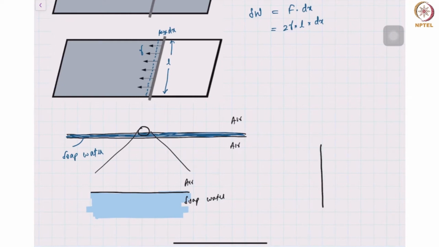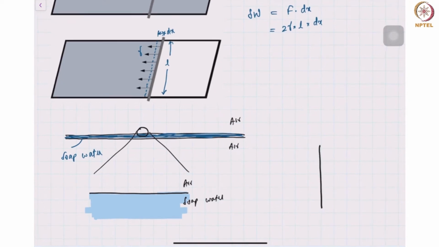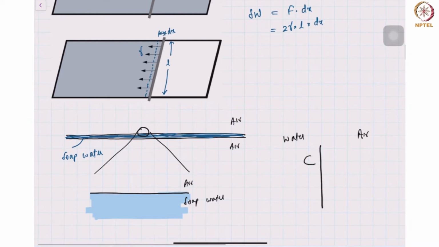One side is, let's say, water, and the other side is air. These molecules typically have a dual nature. It's a long chain molecule where one side has a head which likes water and a tail which does not like water.